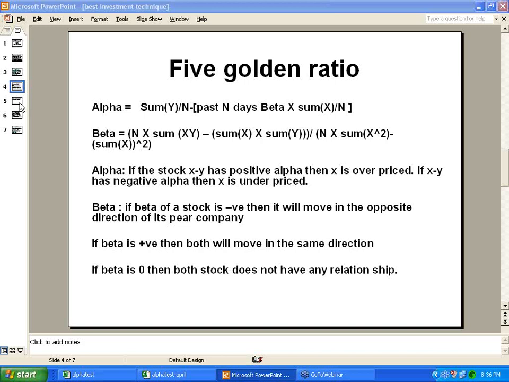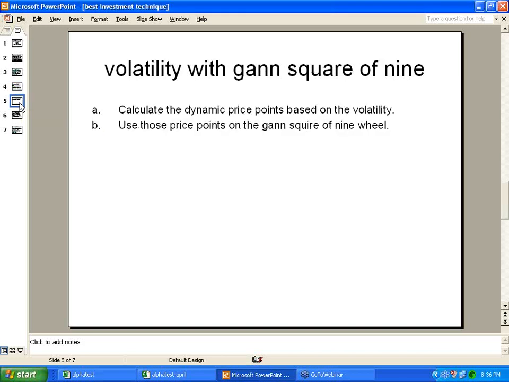These two things I will discuss in the second part of the session, wherein we will take the help of volatility and Gann Square of 9, or volatility and the Fibonacci principle, any one principle we can use, and conclude the estimated target of our best stock and the price point where we should make an entry as per the volatility situation.